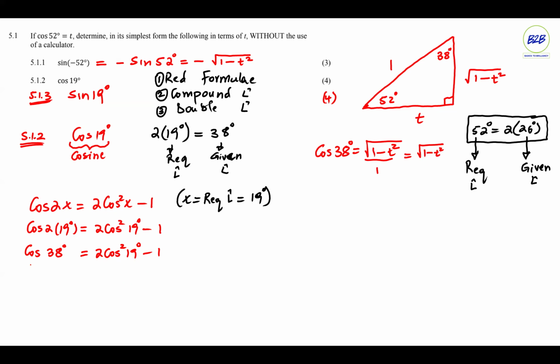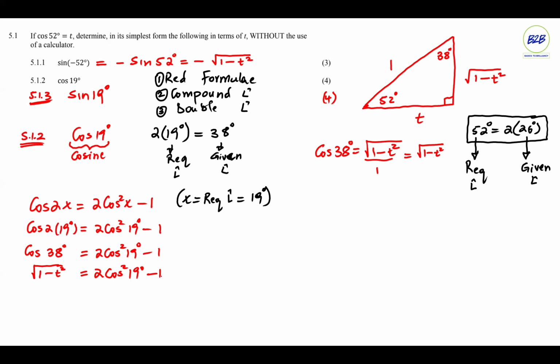So we will then substitute in the place of cos 38 degrees the square root of 1 minus t squared. And then we say 2 cos squared 19 degrees minus 1. Then from there, we try to make cos 19 degrees the subject of this equation. Very simple.